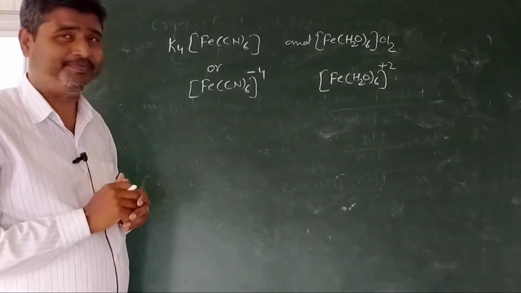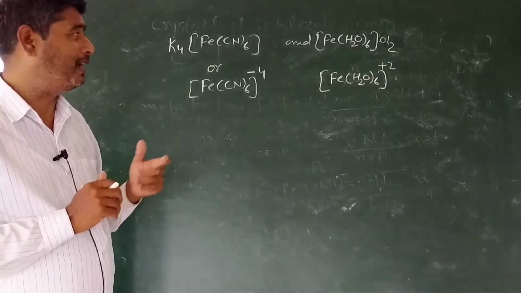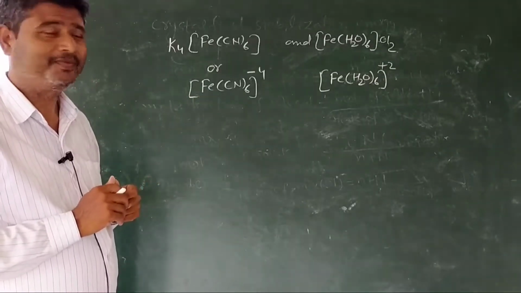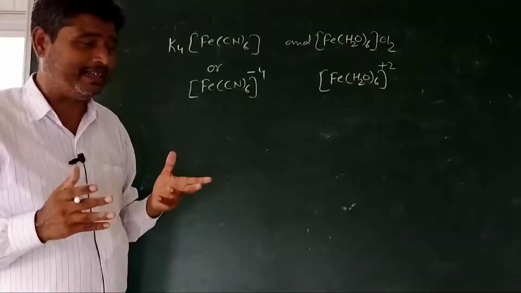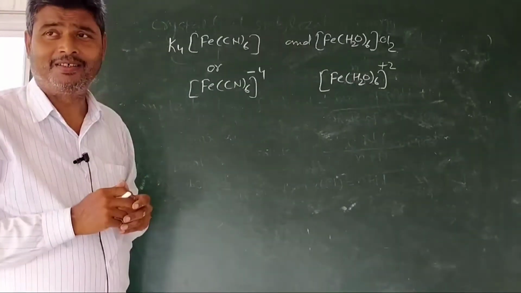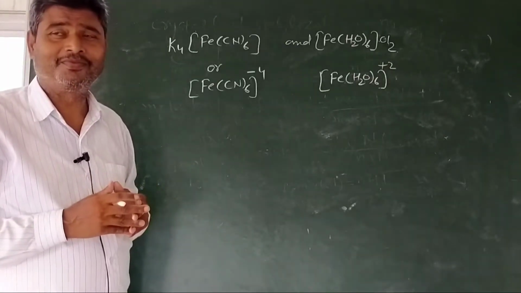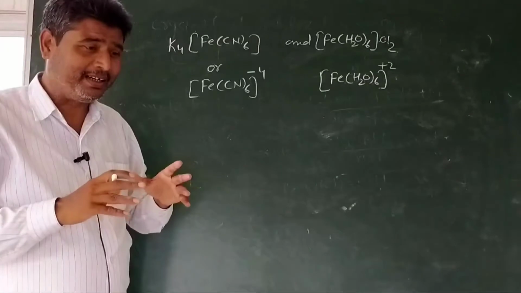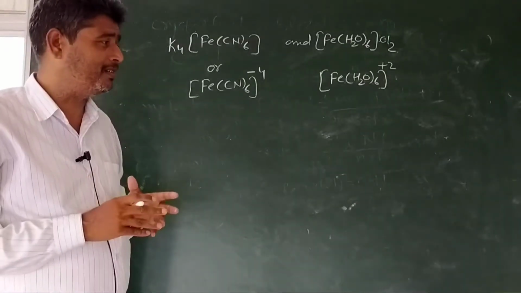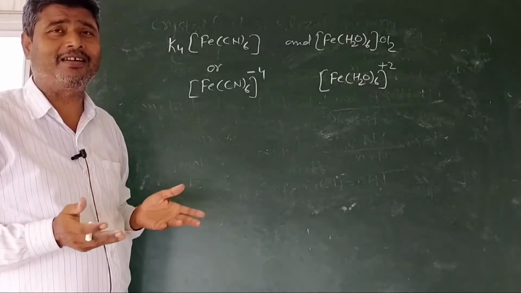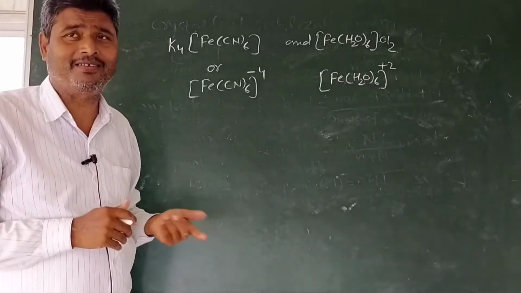stabilization energy. So for this purpose we have to check the oxidation state and the coordination number. Without the coordination number, we will not find whether the complex is octahedral or tetrahedral. Both are included in our syllabus.